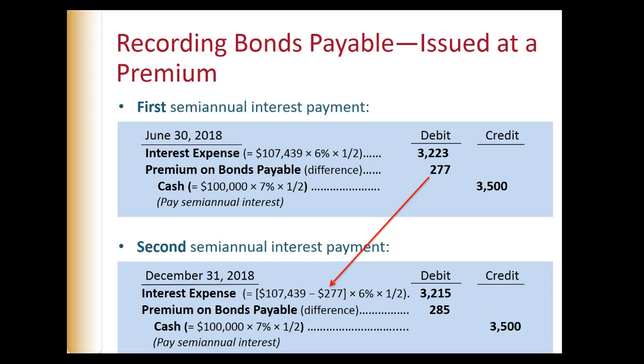The interest expense is the $107,439 minus the $277 times 6% for half the year, or 3%. Then we will show our cash, which is going to be the information listed on the bonds, and the difference is going to be the premium on the bonds payable.